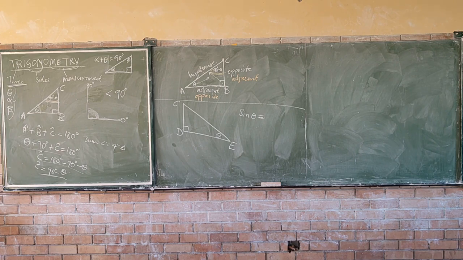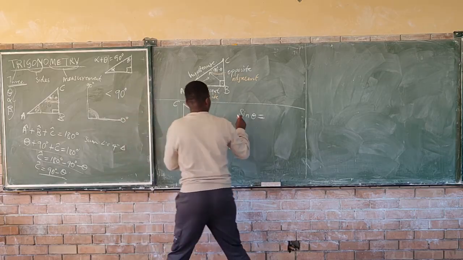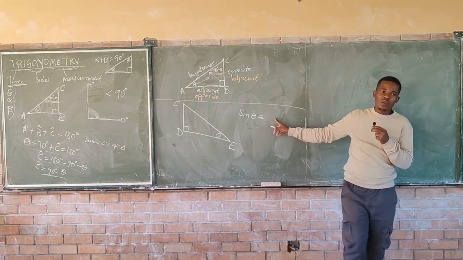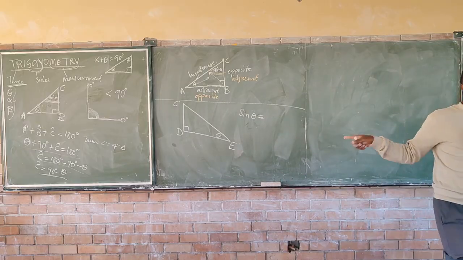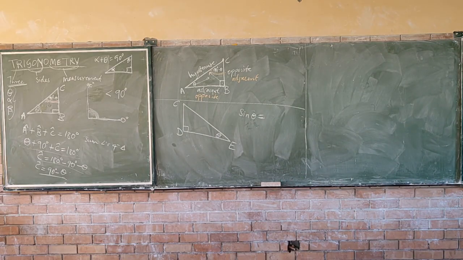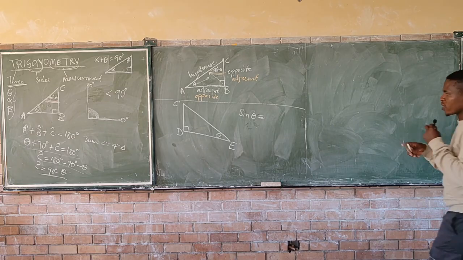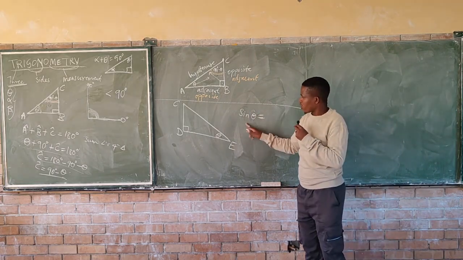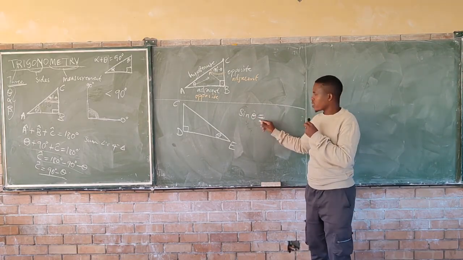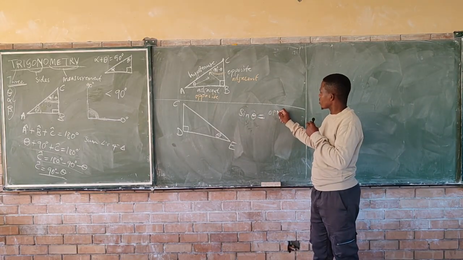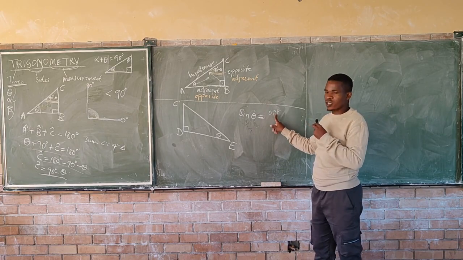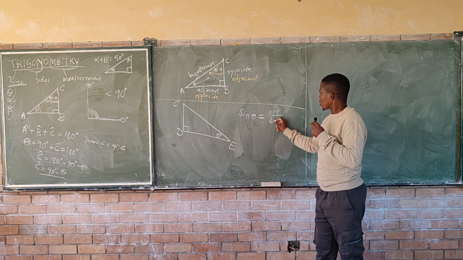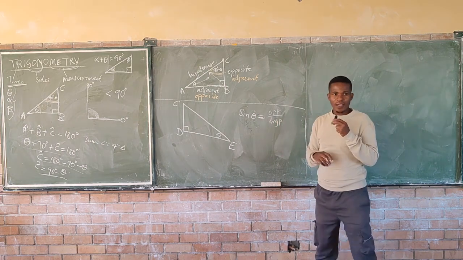So when you say the sine of a certain angle, we must define it in terms of the sides because that angle is related to the sides. The definition of the sine is the opposite over the hypotenuse.